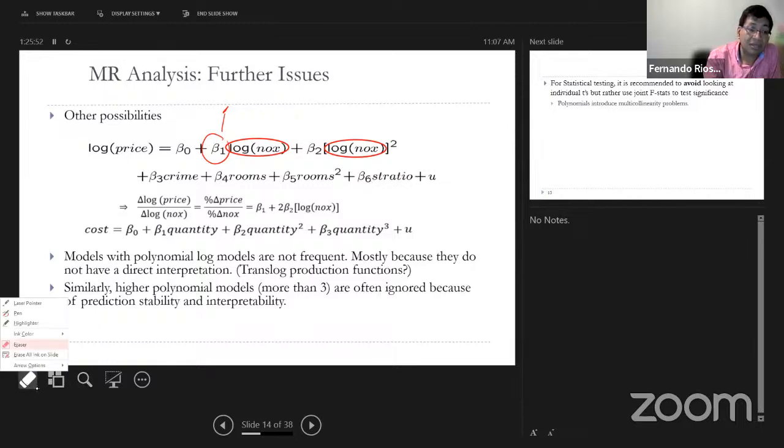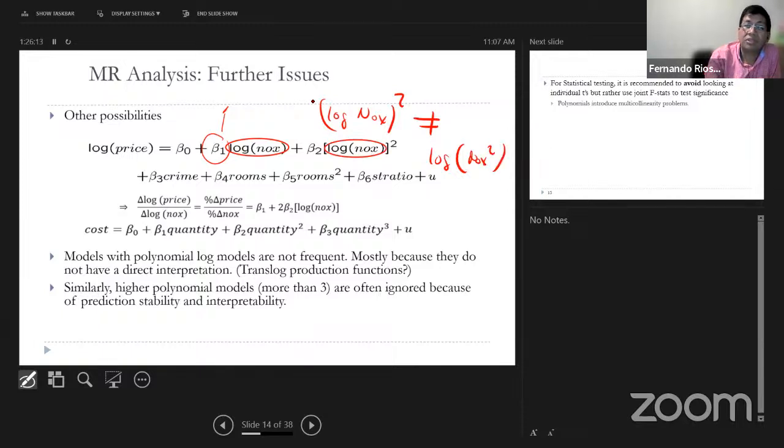So just in case, this is the log of NOx squared, which is different from the log of NOx, squared. So this is what I'm including right now. So with that, what are the changes? Well, we can still estimate my price to pollution elasticity, with the difference now that my elasticity would also be changing based on the level of contamination.